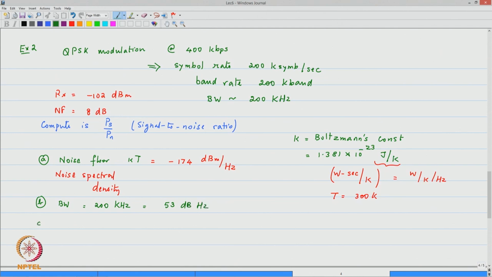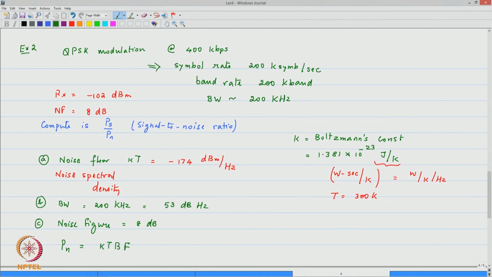Okay. And the third element is the noise figure, which is 8 dB. So, the noise power that we will encounter in the receiver will be KTBF.